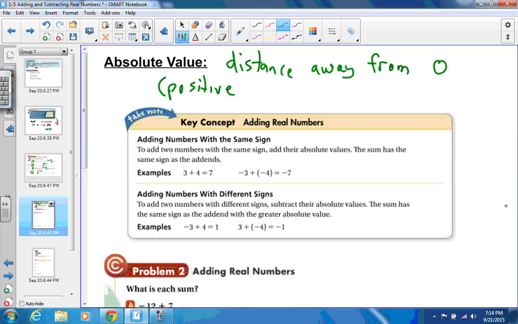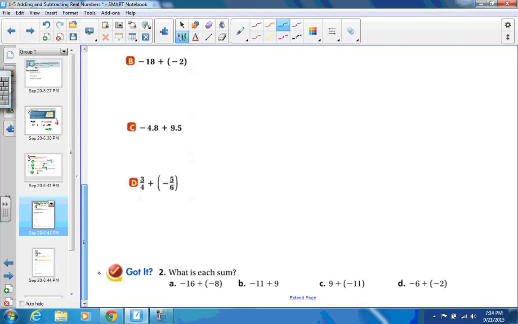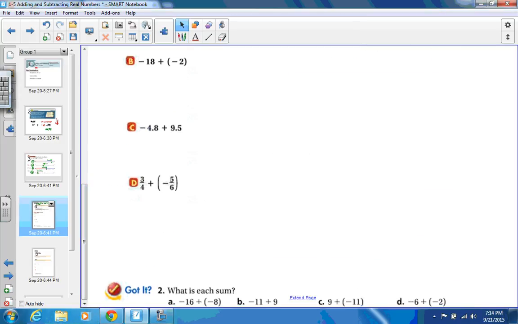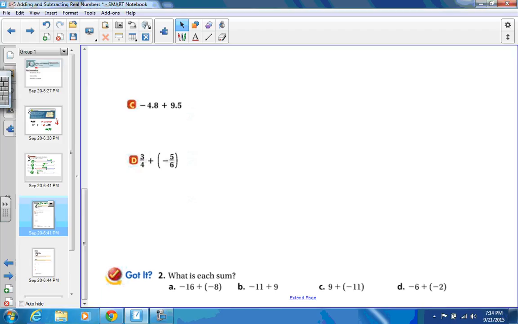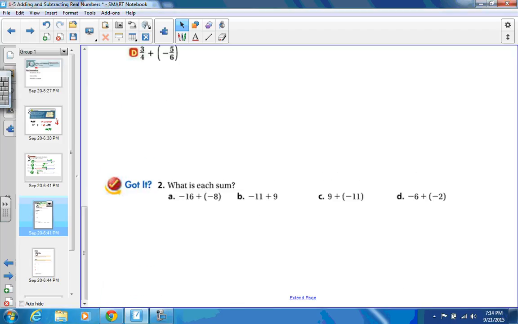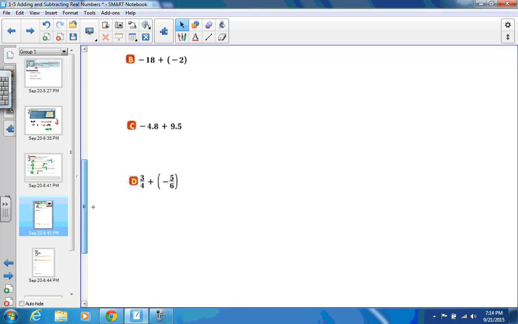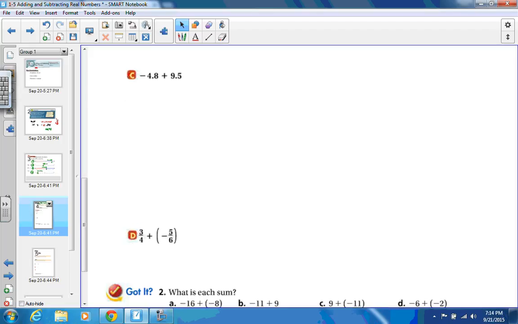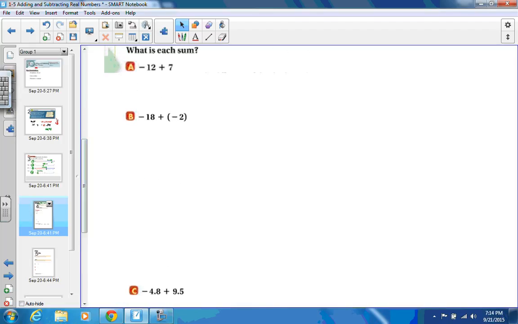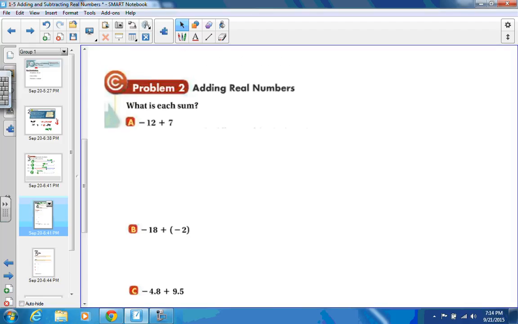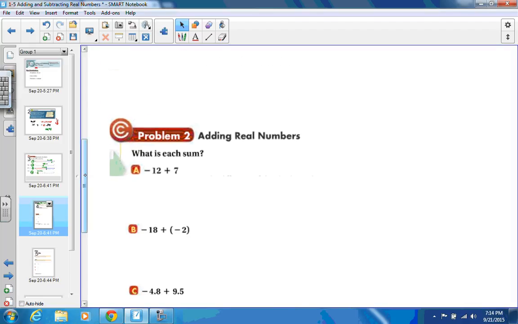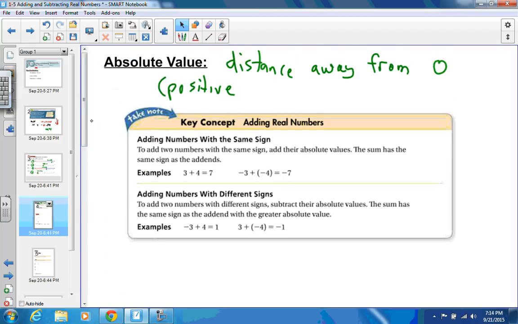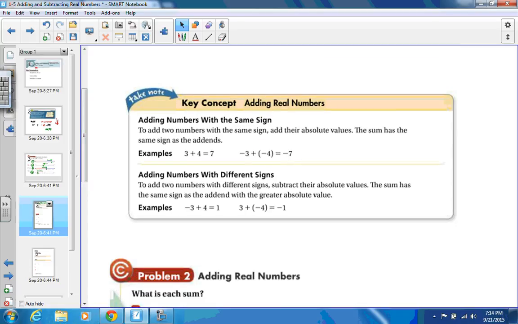Here, I'm going to actually move this down a little bit and make some space. We can do a couple examples with that.